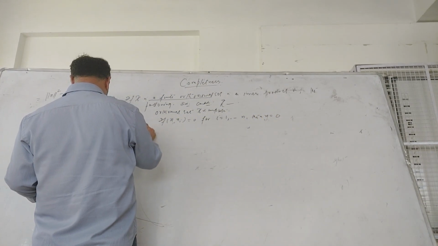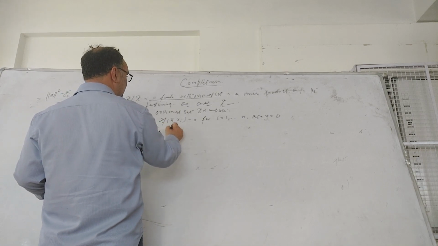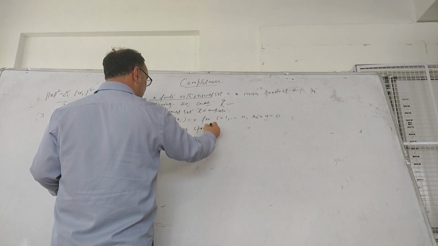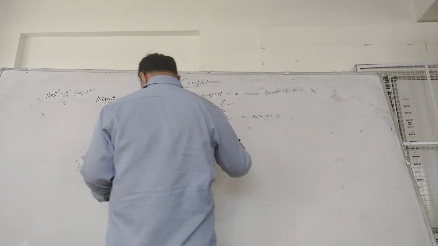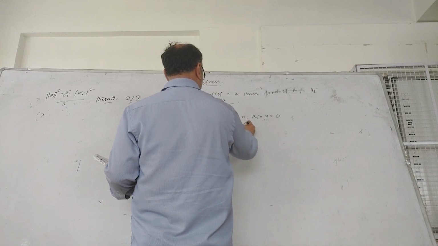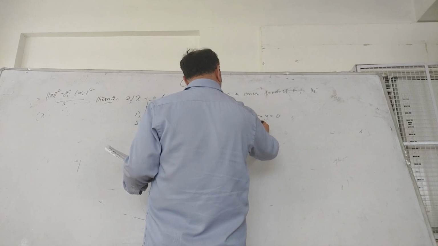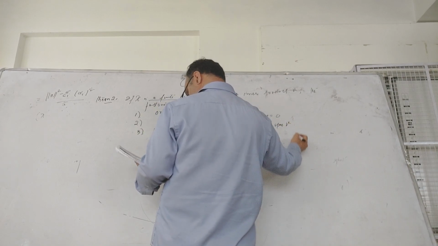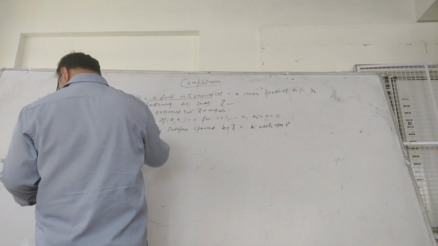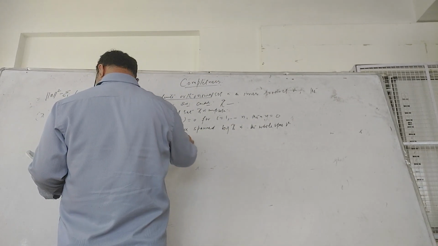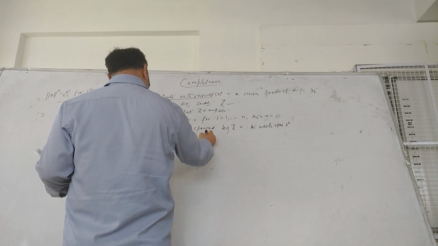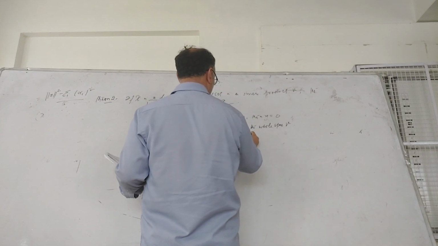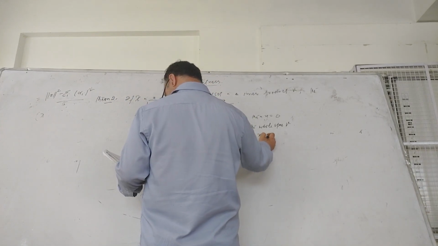The third assertion is the subspace spanned by χ is the whole space. The fourth assertion is if x is in V, then x is the sum of (x, xi) xi.